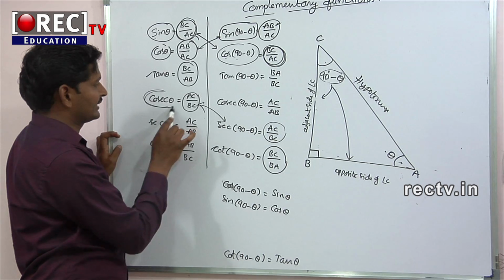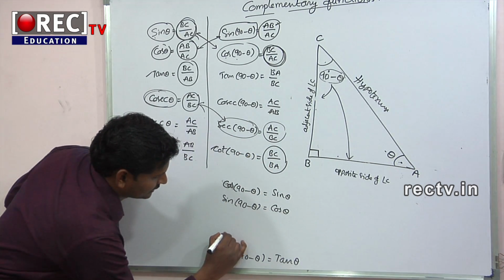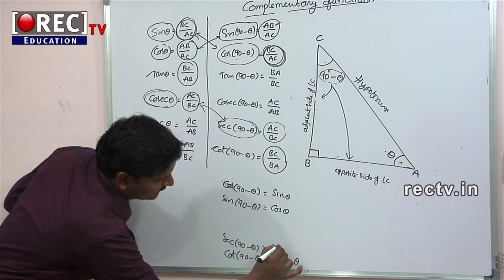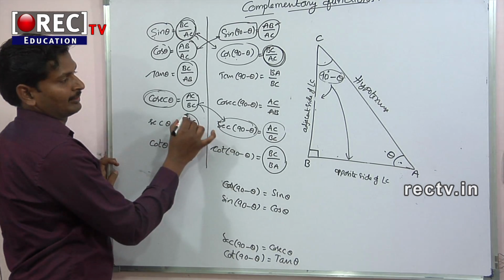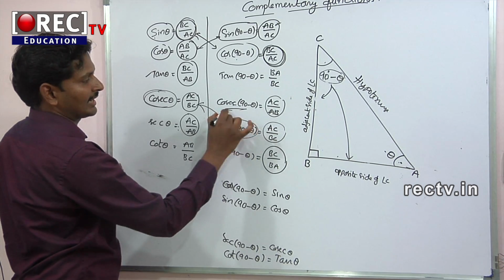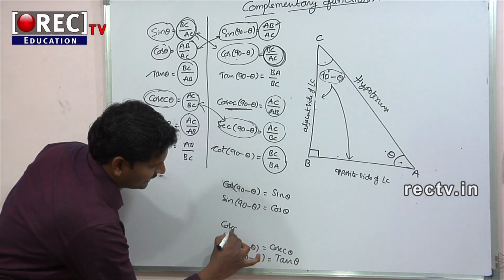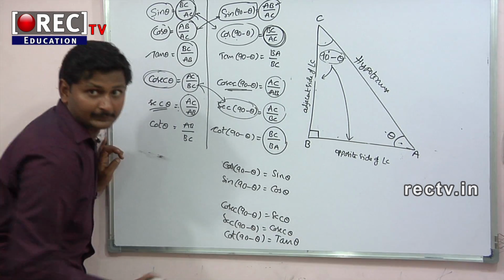That means cosecant theta is equal to secant 90 minus theta. Secant 90 minus theta is equal to cosecant theta. And next, AC by AB and AC by AB are equal. That means cosecant 90 minus theta is equal to secant theta.